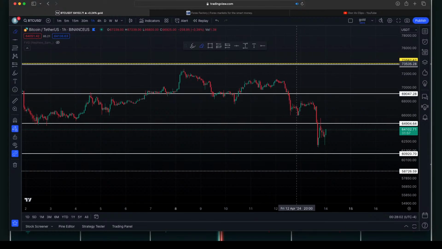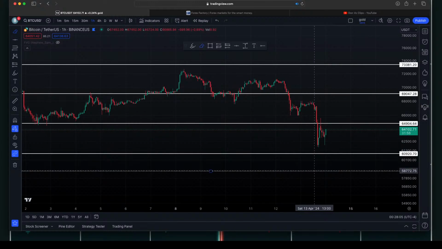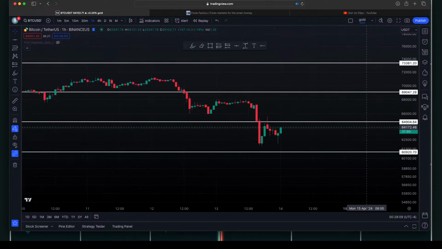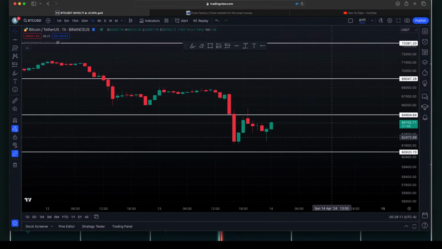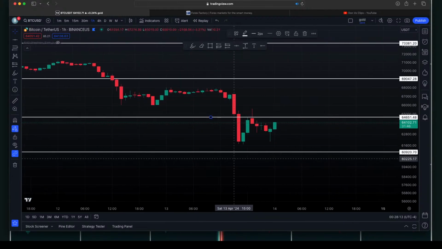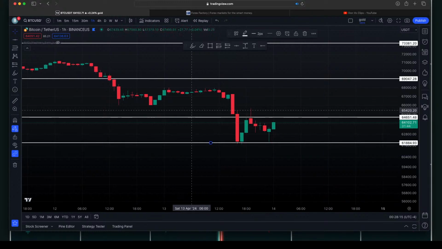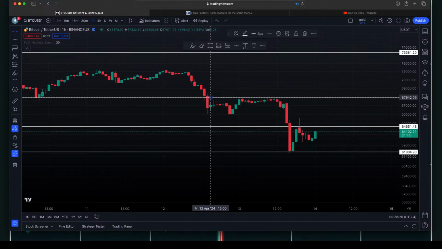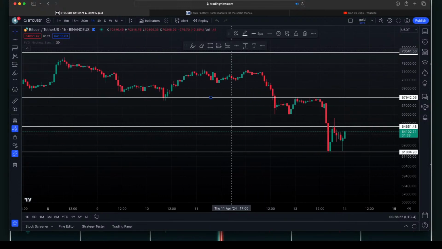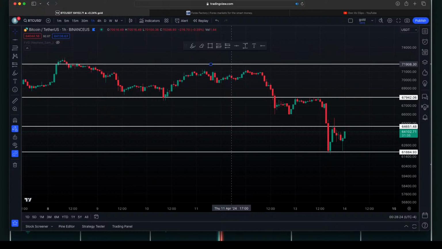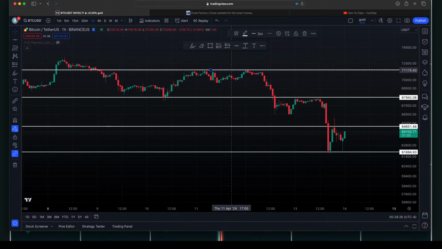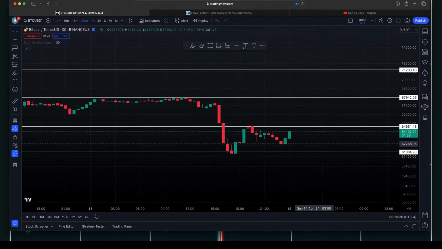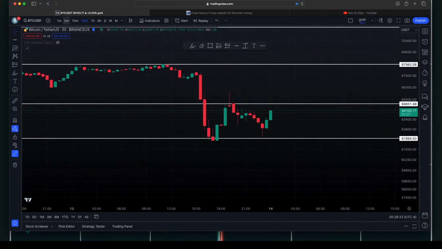So for instance, we have this support here, we have a support here, and we have a resistance right here, and a support there. And then we could also maybe bring this down like this. Yeah, that's good like that. I like that. And then this was the 30-minute low that we were talking about.